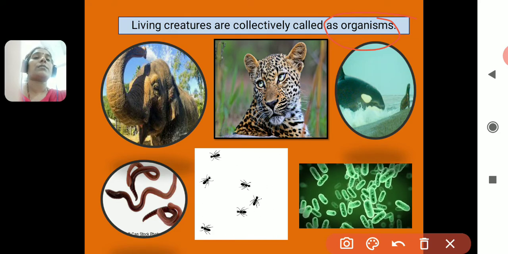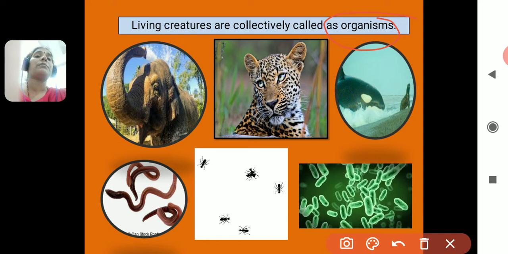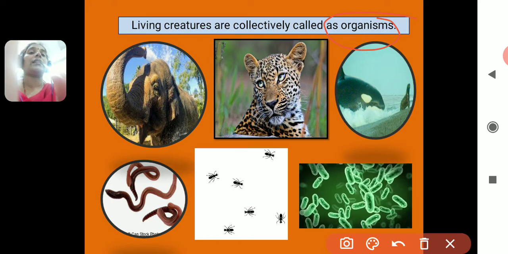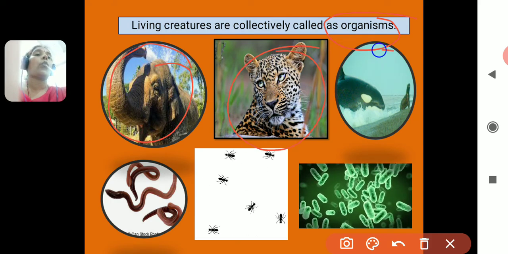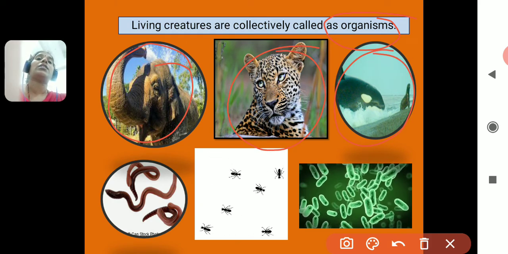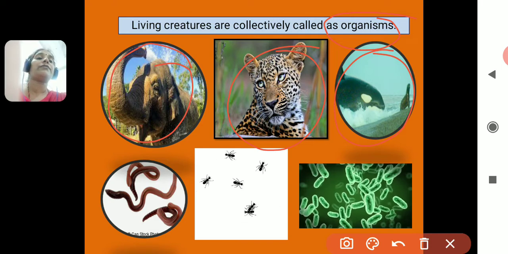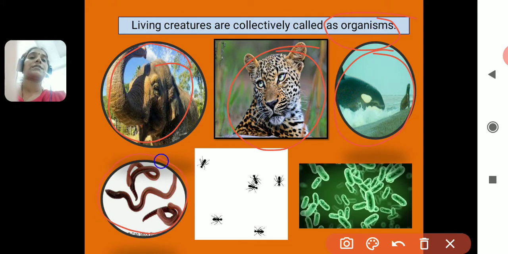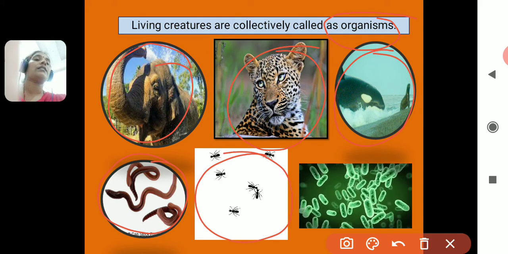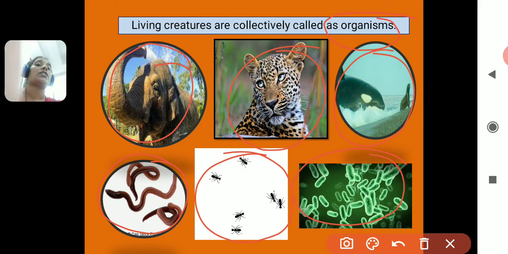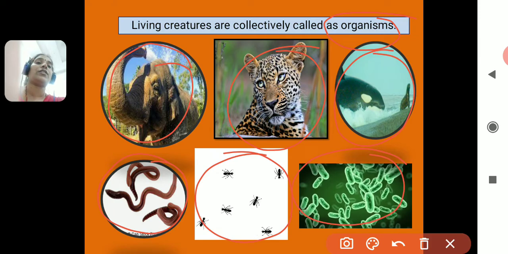If we talk about large animals like elephant, leopard, whale, these are large animals. And if we talk about worms, tiny animals, ants and germs, they are also known as living organisms.